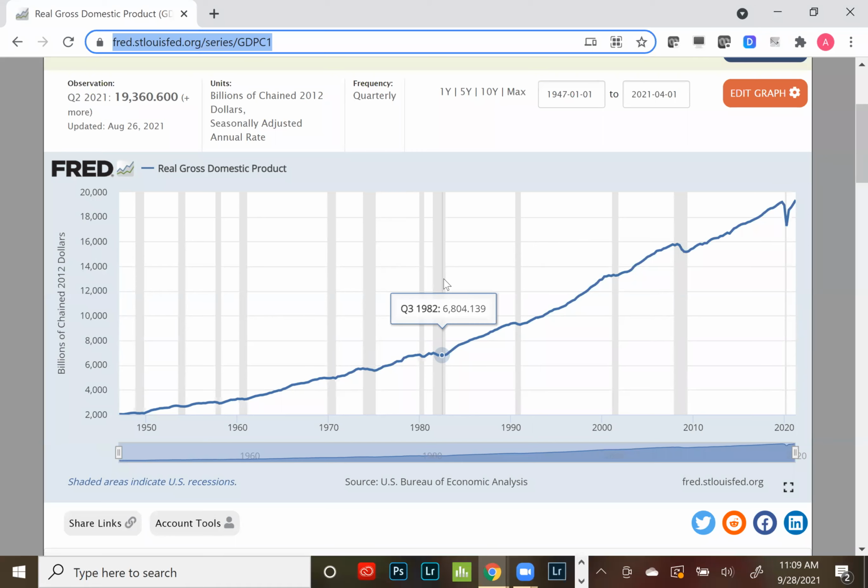Let's say that the economy has about tripled. That averages, oh no, something's wrong. I did something terribly wrong. Hold on a second.